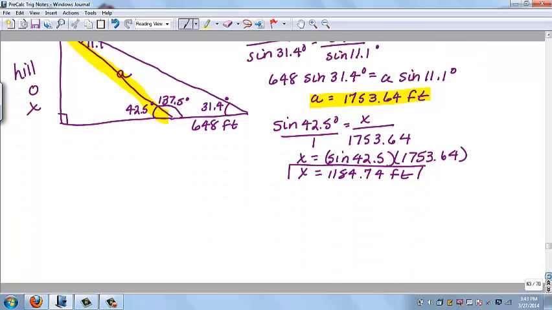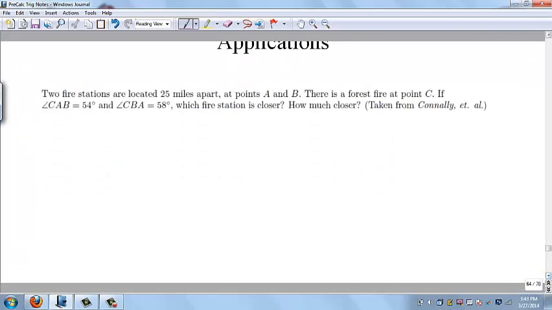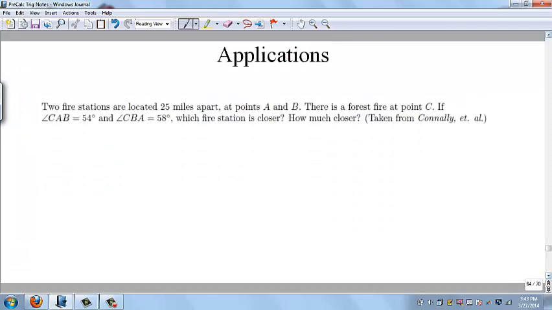One more word problem or application. I like this one. You have two fire stations and they're located 25 miles apart at points A and B. So I'm going to say here's A, here's B, and they said they're 25 miles apart, so I do that.